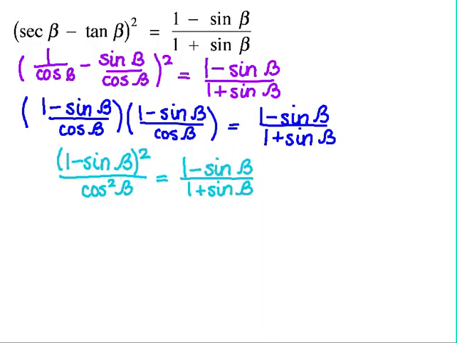So is there a way that I could somehow get rid of cosine and write it so that it would be something like the other? 1 minus sine squared. Perfect. Exactly right. So I'm going to change cosine squared so that it's 1 minus sine squared. All right. So now I have 1 minus sine squared, or sine of beta quantity squared, over.